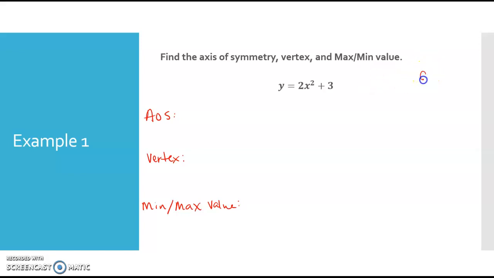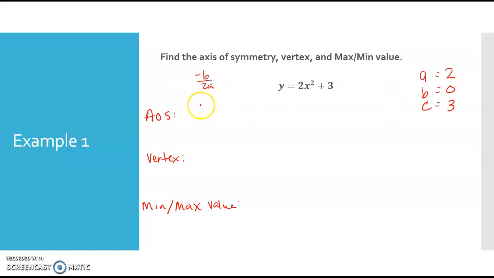I always give myself, what is my A, B, and C, right? So A is 2. B is 0. There is no B here. And C is 3. So when I do my axis of symmetry, I'm going to plug in opposite of B, right? Opposite B over 2A.